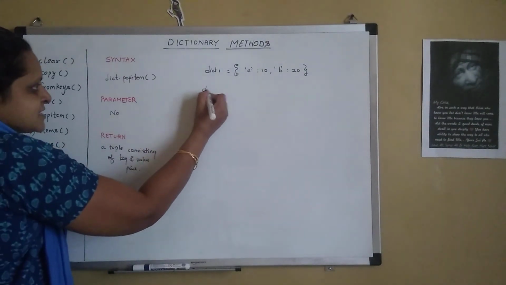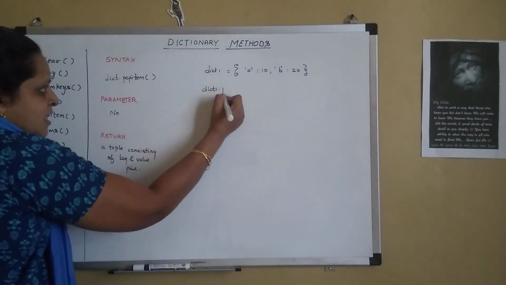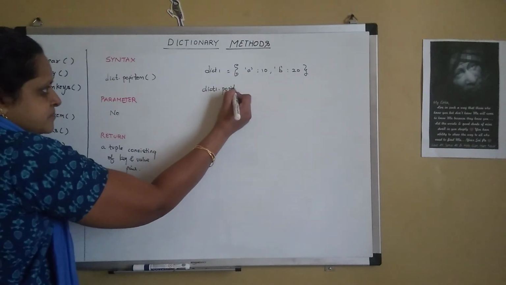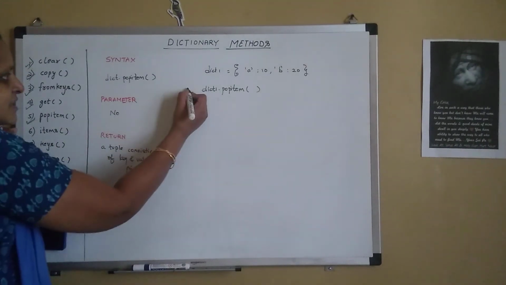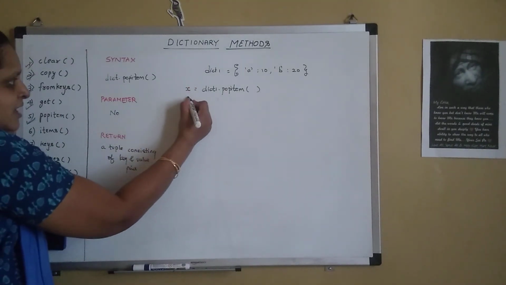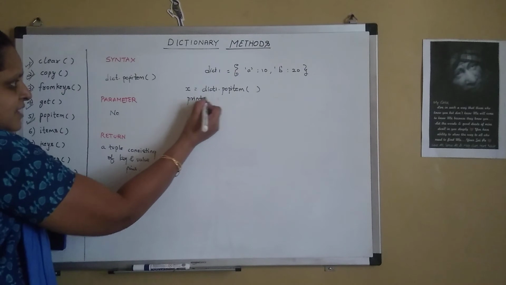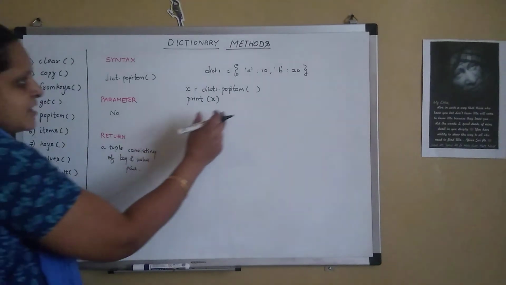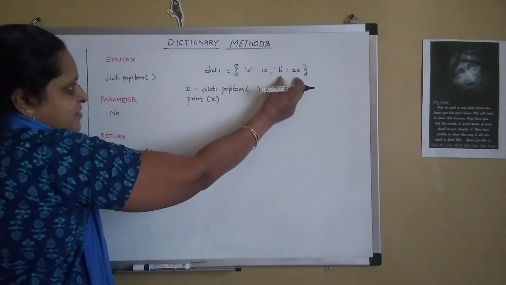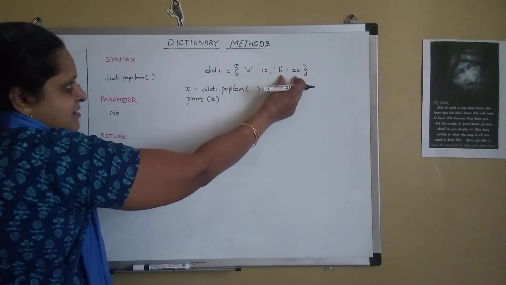So now if I say dict1.popitem without passing any parameters, assign it to x, and then print x, it will give a tuple consisting of key and value pair. Which item will it give? The latest entered item.